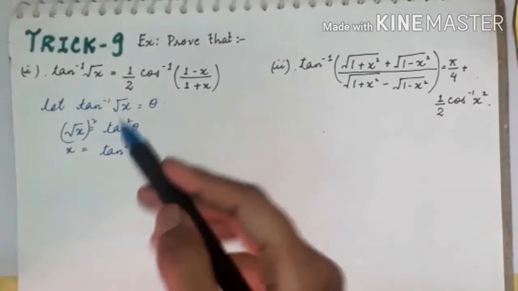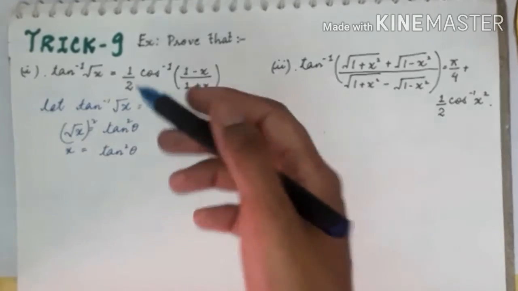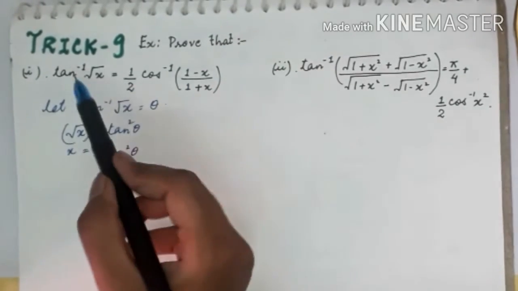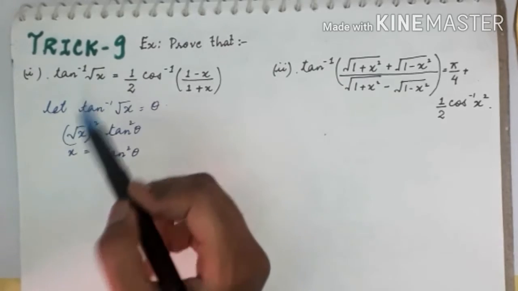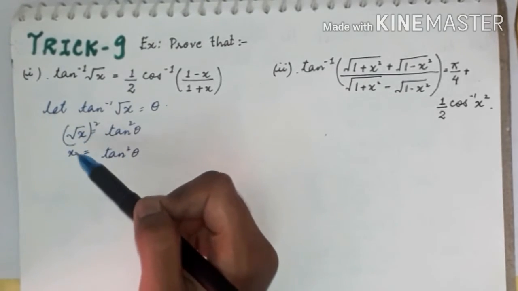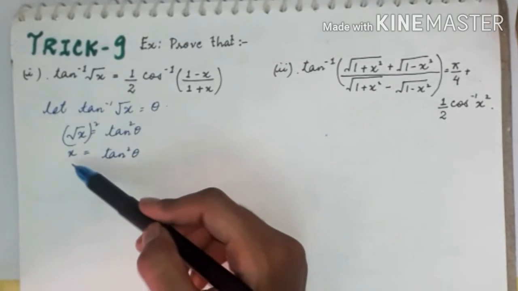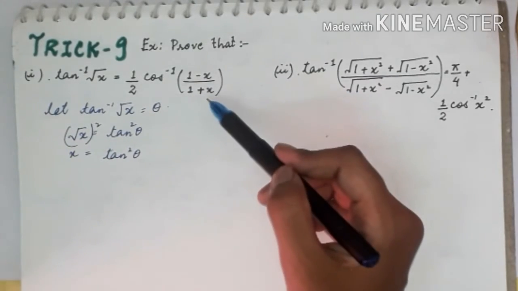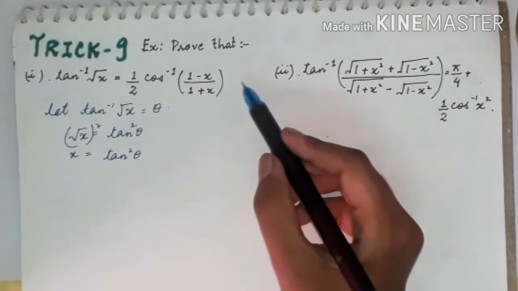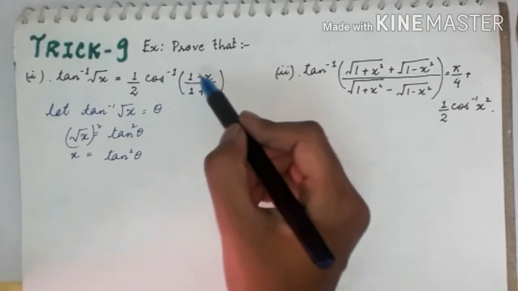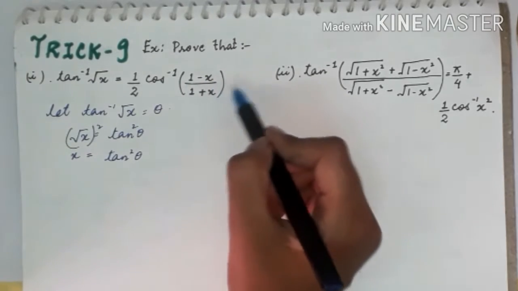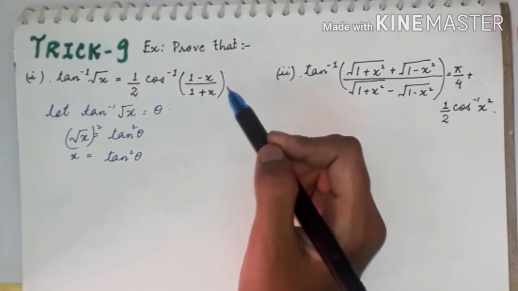Now just put this value of x in the RHS. You have let the simplest inverse trigonometric function and then put the value of x in the RHS. Then your question will be simplified. Now what will you get here? Half cos inverse of 1 minus tan square theta upon 1 plus tan square theta.